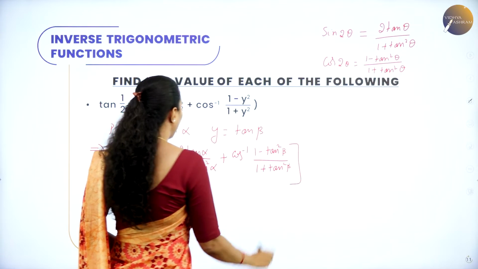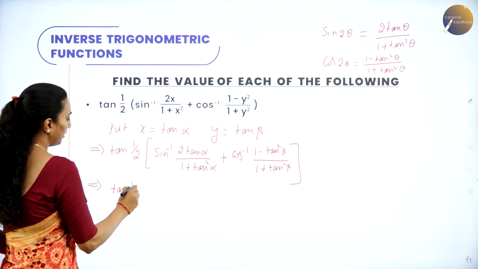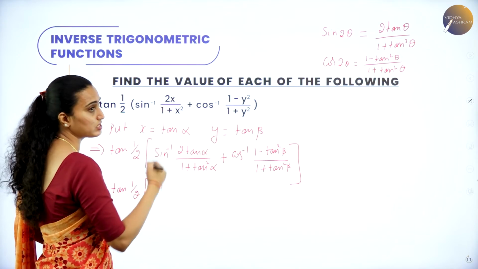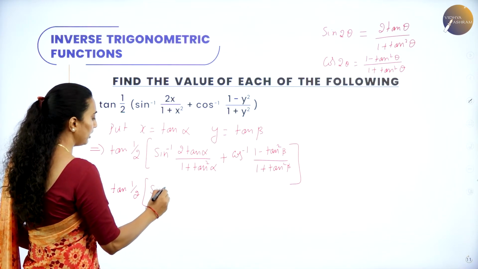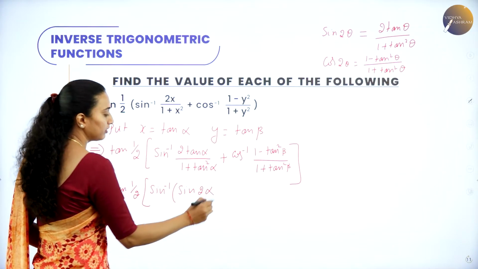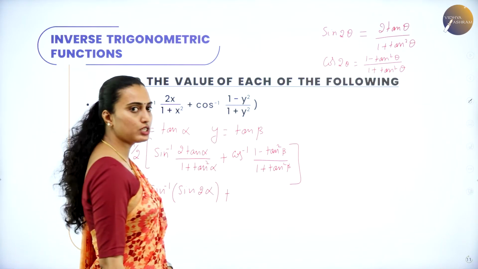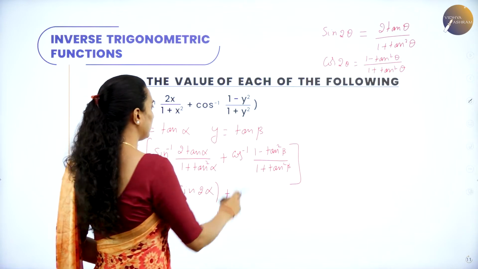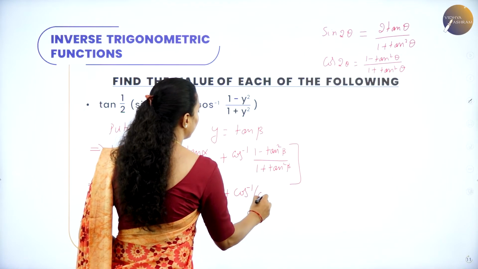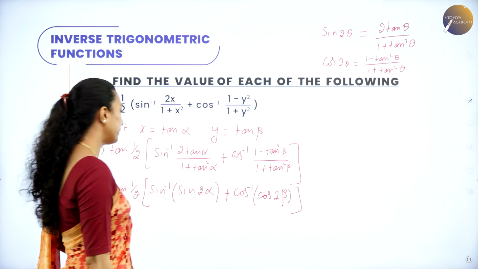So, therefore, which implies tan of 1 by 2 into sine inverse of 2 tan theta by 1 plus tan squared theta, which is sine 2 theta. Therefore, I can write it as sine inverse of sine 2 alpha, plus cos 2 theta, which is 1 minus tan squared theta by 1 plus tan squared theta, in terms of beta, so cos inverse of cos 2 beta. Correct?